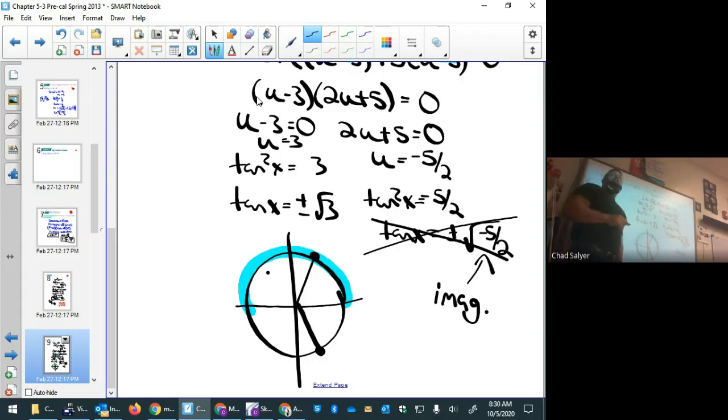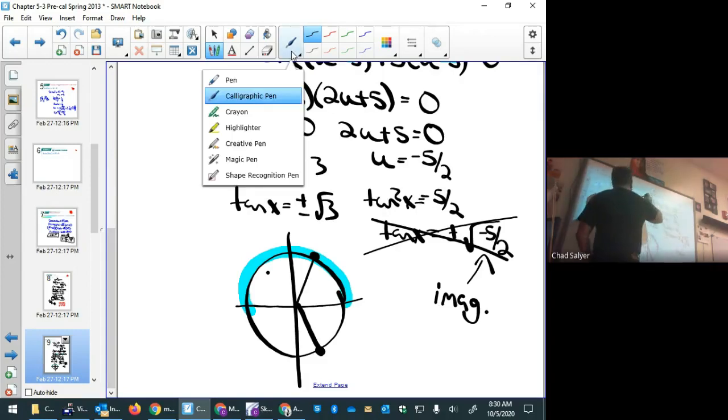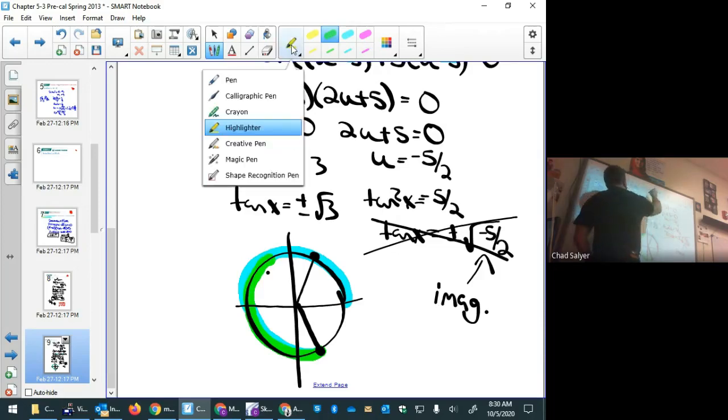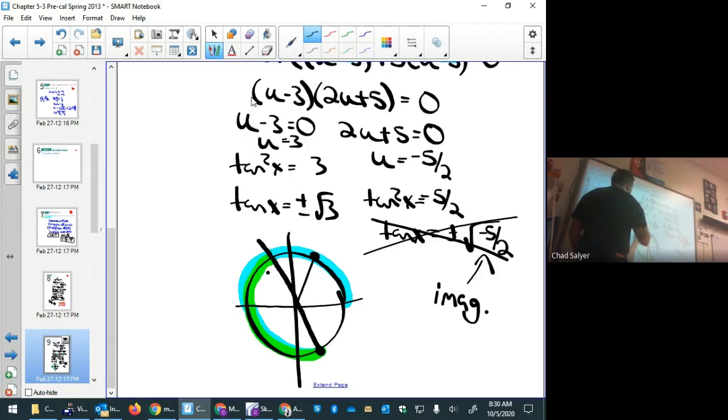Now, the period of the tangent is pi. So if I go pi units in any direction, because the tangent is periodic, I will find another solution. If I go pi units, this is not a valid solution, but if I go pi units away, I will arrive at a second valid solution, which is here in Q2.